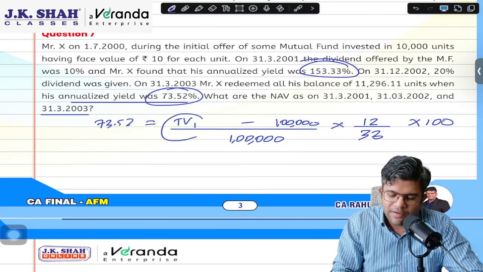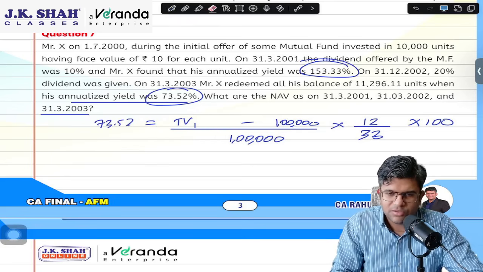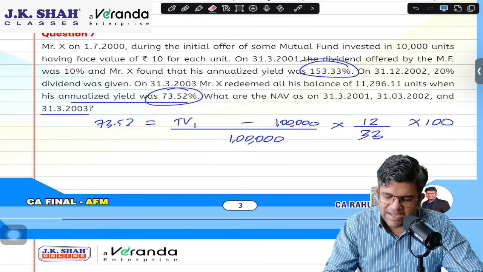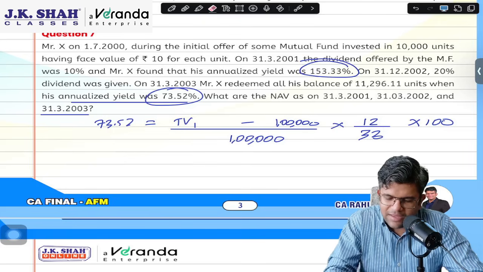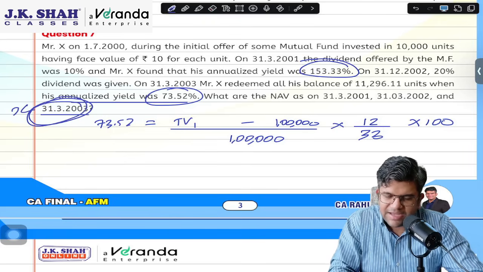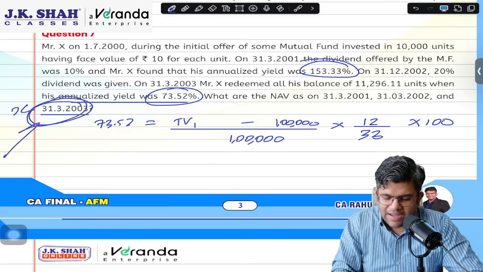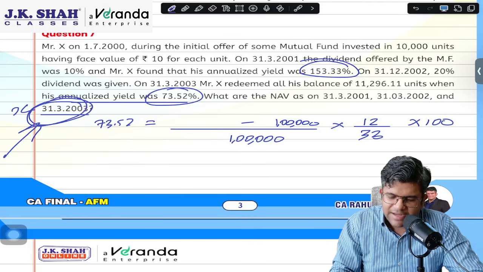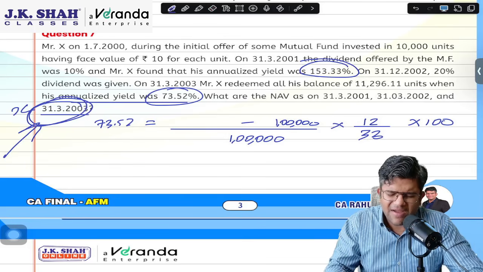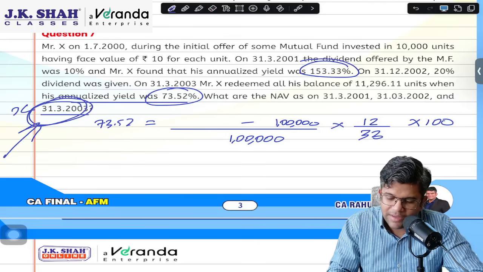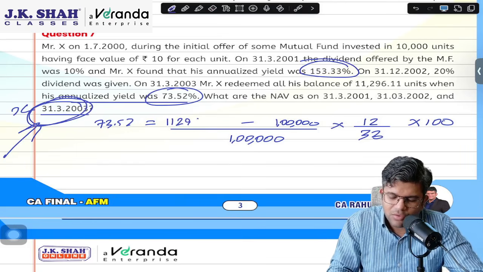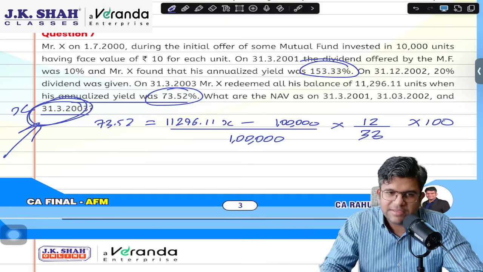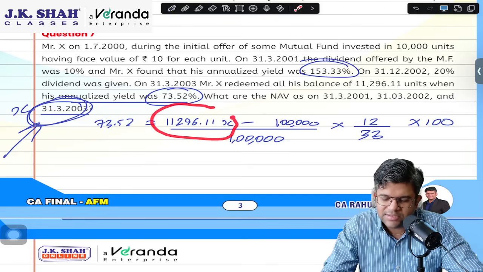So now how do I find the total value here? Very simple, students. Let's say that the NAV on this date is X. So if the NAV on this date is X, can I say the total value of your investment will be 11,296.11X? Give me a yes if you understood this.